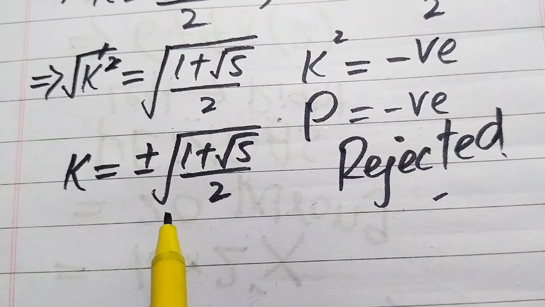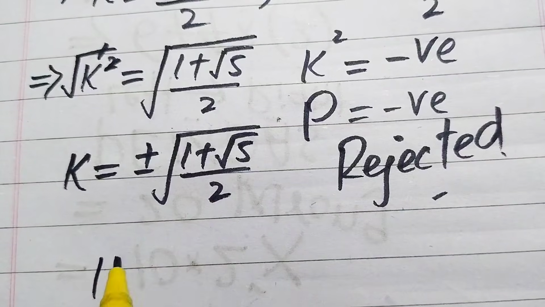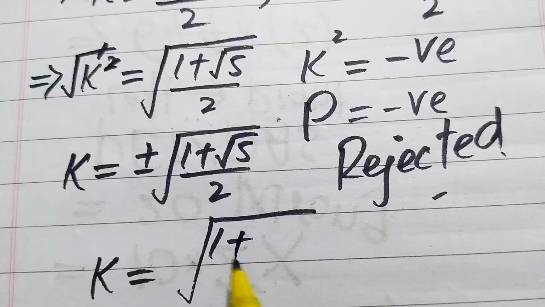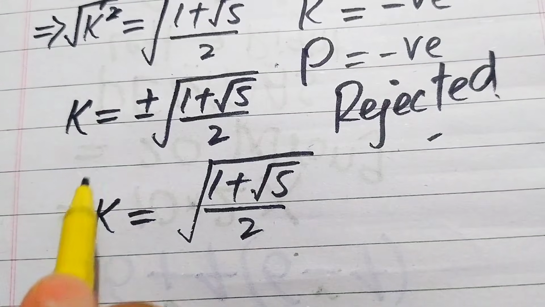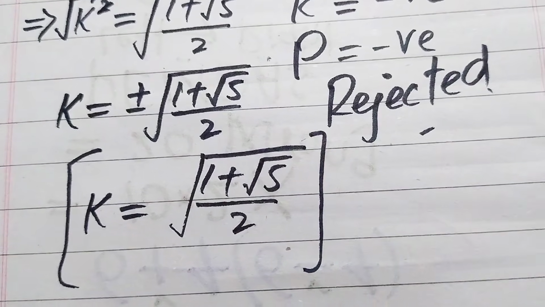Here we just neglect the negative term because all the side lengths are positive. So we get k is equal to just the positive value, 1 plus square root of 5 divided by 2. This is the only one value of k which we finally get here, and this is our final answer.